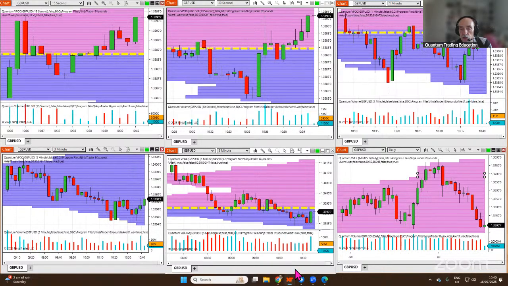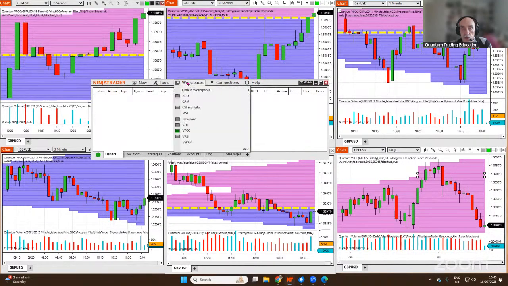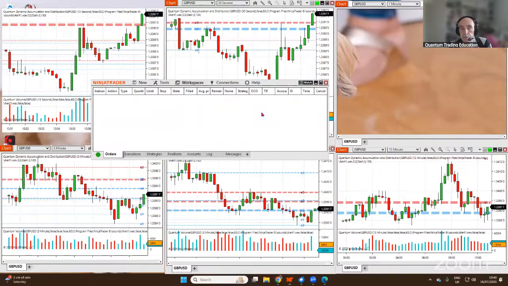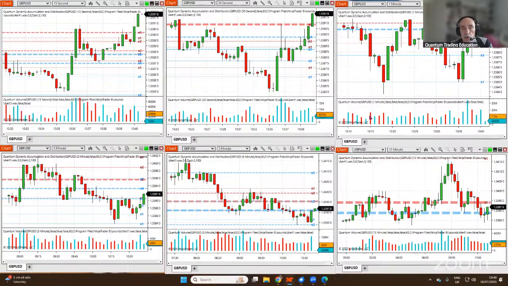And finally, just to round off on this topic, let's go to another workspace, which is the accumulation distribution indicator, which is this one. And this, again, is a very visual way of looking at support and resistance.